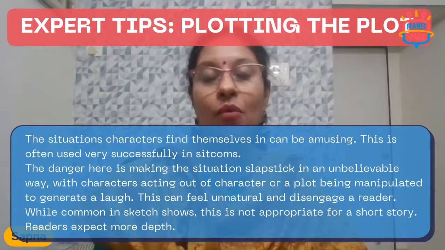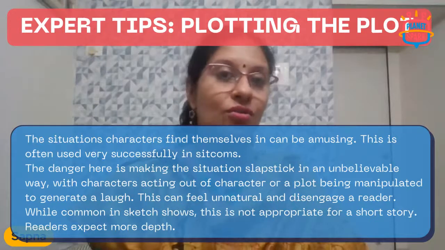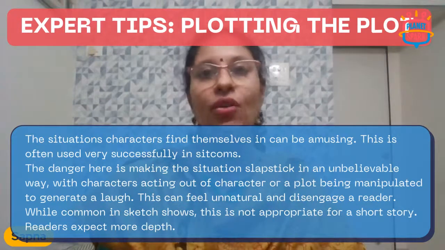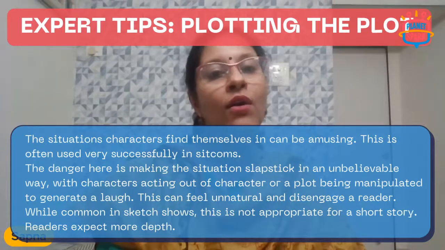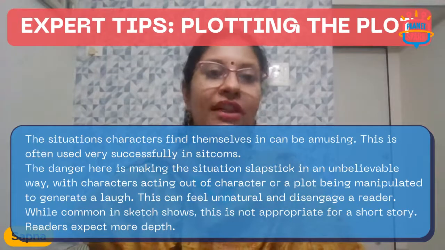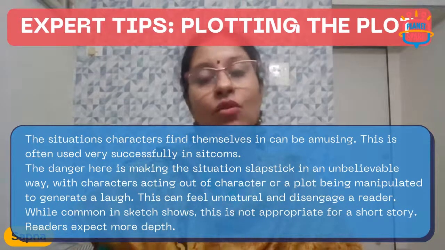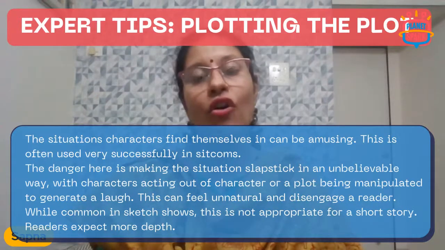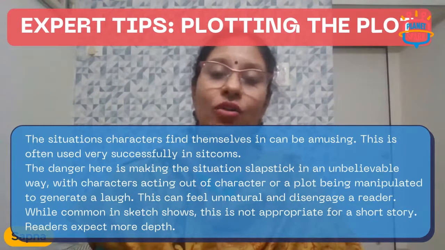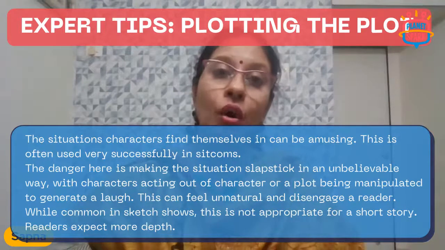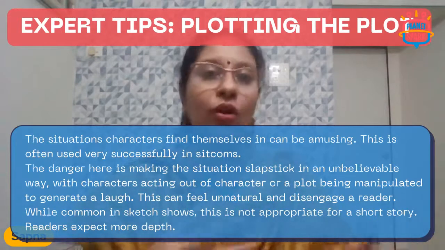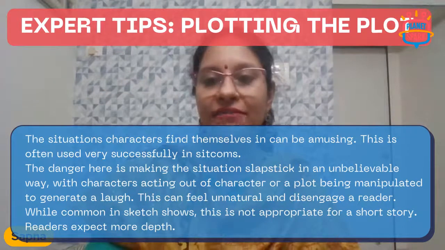So, whatever is the comedy that you're going to include in your story, it should in no way feel unnatural or disengaging to your reader. While common in sketch shows, this is not appropriate for a short story. Readers expect more depth. So, when you are going to introduce a joke or a one liner in your story, see to it that it somehow holds to the purpose of the story, and it does not come out of nowhere, right? So, that's the first expert tip.